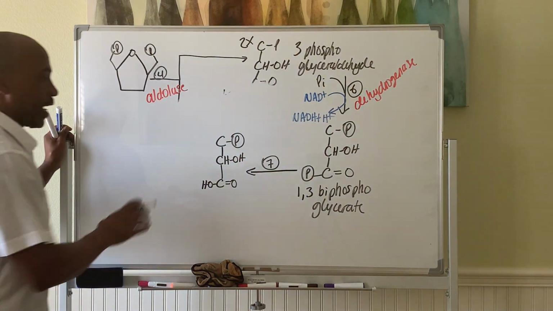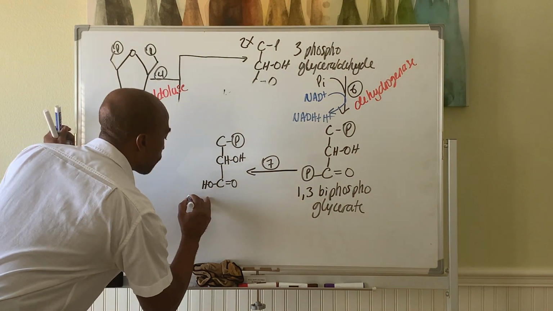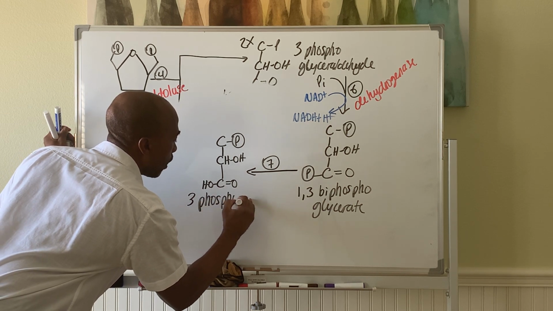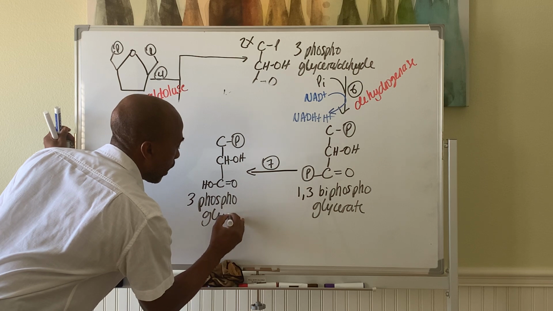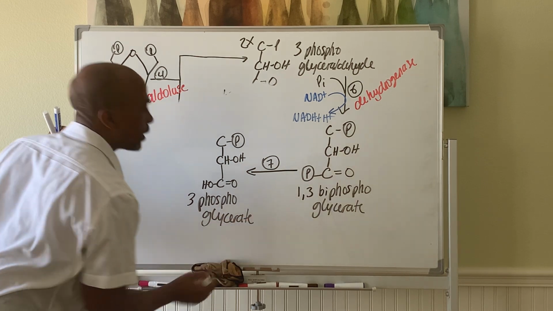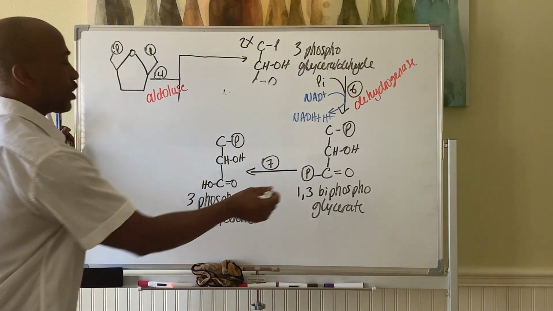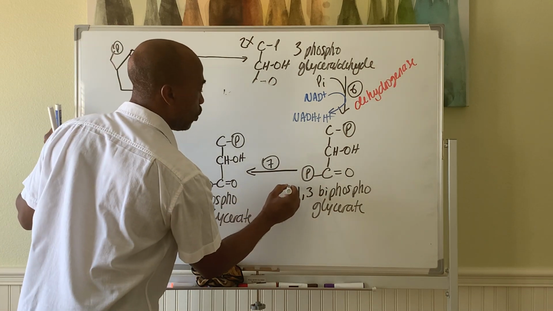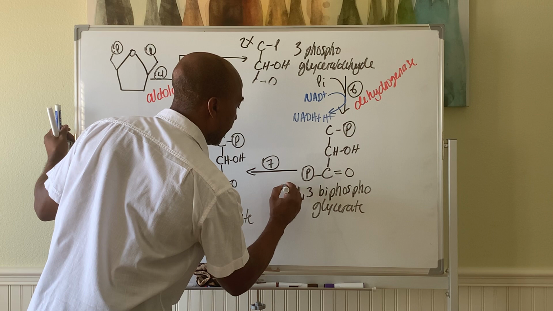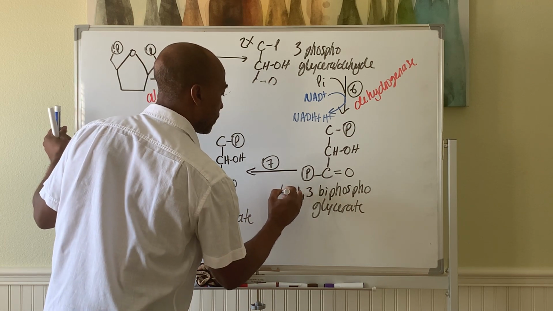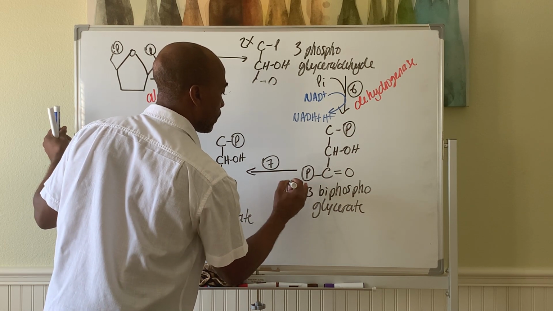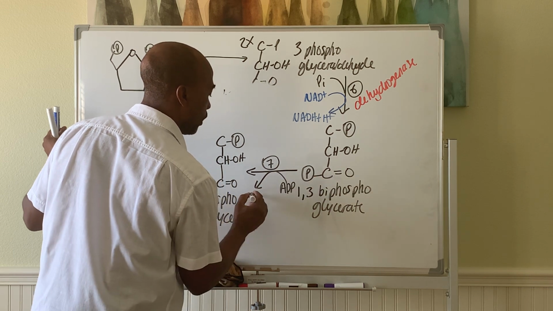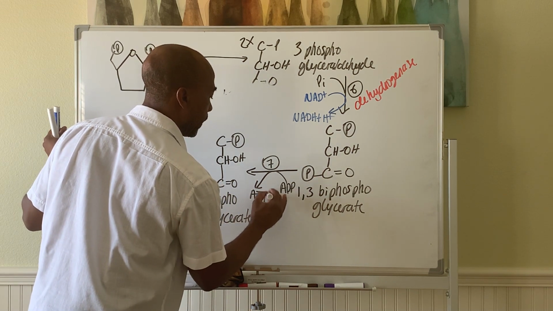Okay. So now this is called 3-phosphoglycerate. And in this reaction 7, the phosphate group that's taken away from here is used to form ATP. So here, ADP comes in, picks up the Pi from here to form ATP.